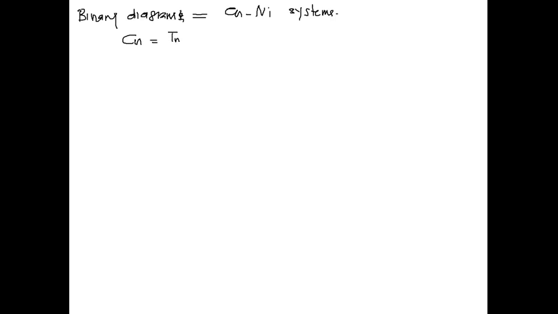The melting point of copper is 1085 degrees C, while the melting point of nickel is 1453 degrees C. And then the crystal systems for copper and nickel are the same, and all the criteria for solid solubility are the same.